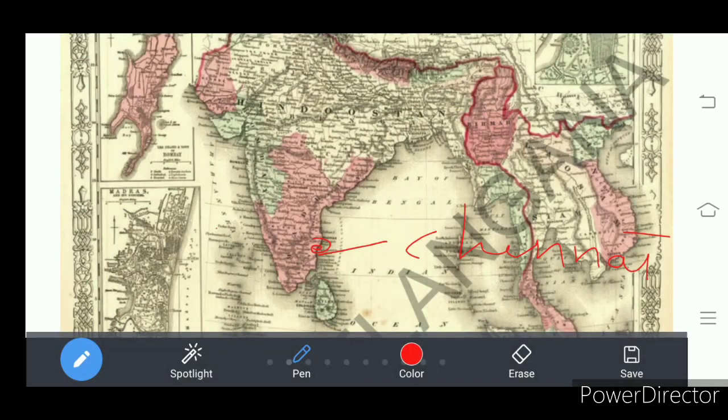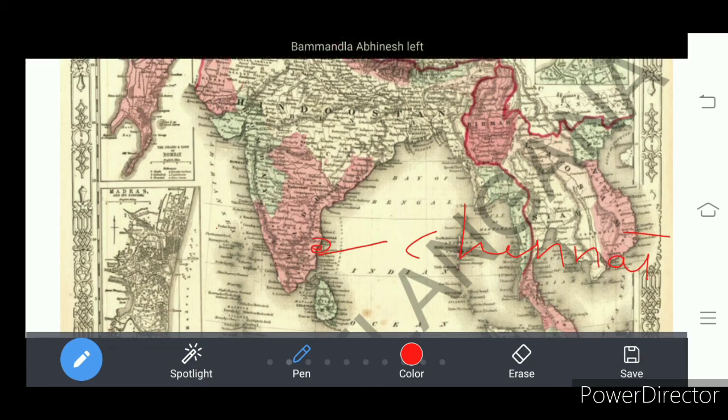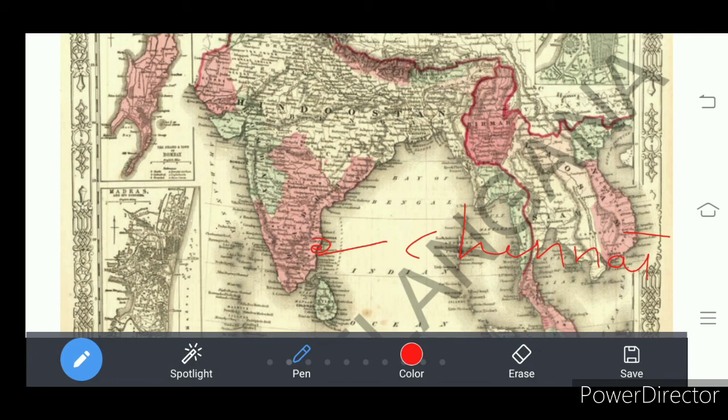Understand? So from this place, he started his survey from Chennai in the south up to the Himalayas to determine the length of the longitude and also the heights of various places.